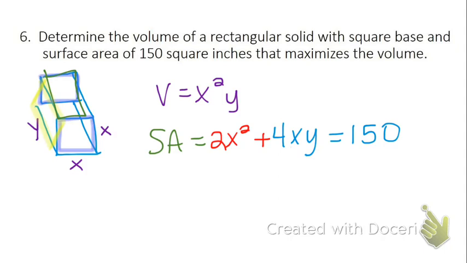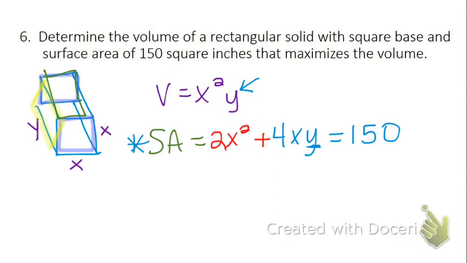Again, I'm going to let you try to finish this one. You're going to solve this equation for either x or y. I would probably pick y because there's x in both of those pieces, and because when you plug it into volume, it'll be easier. Once you find y, you're going to plug it in for the y in the volume. You are going to have to multiply that out a little bit.